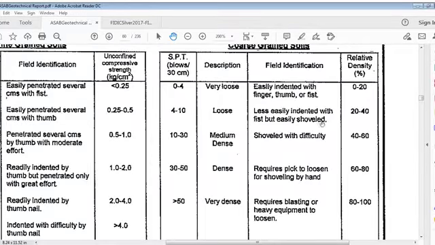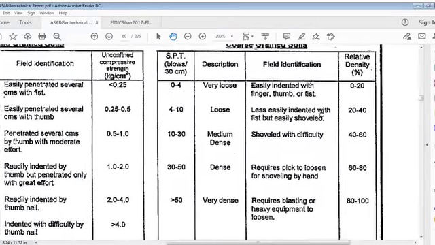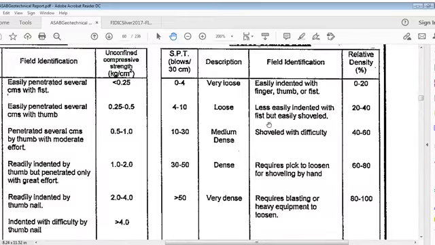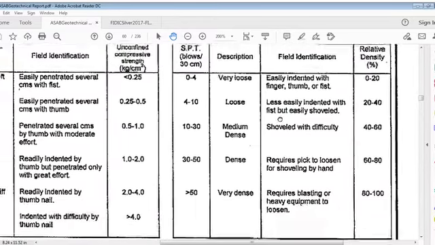Strength was considered earlier, but here density is the same, and this is for coarse grained soils.